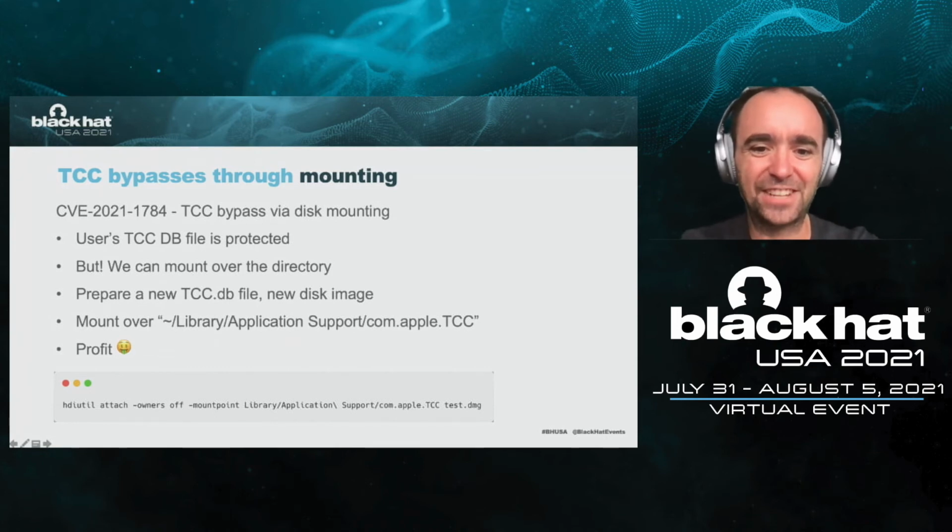So that's good, and we can't even modify the directory itself. But we can mount over this directory, which means we can create our own image, create our own TCC database file, and mount it over the com Apple TCC directory, restart TCC, and at that point, TCC will read our own file. And that basically grants us full TCC bypass.